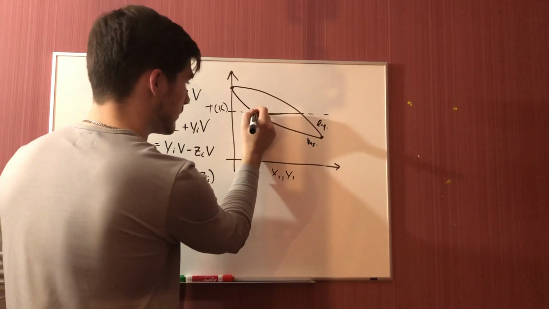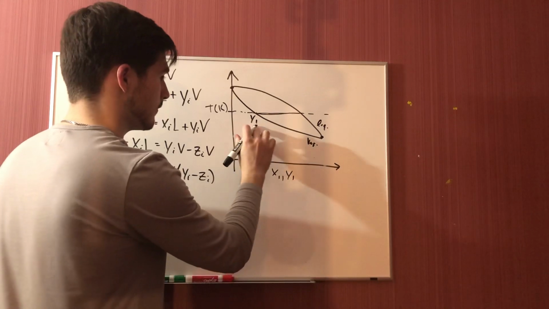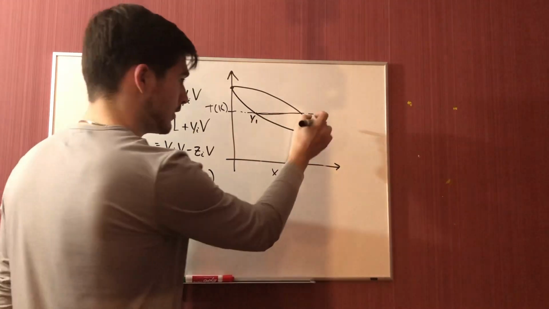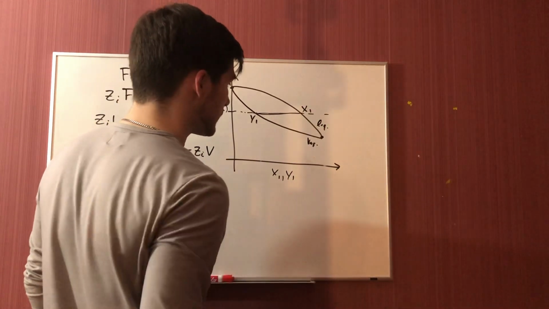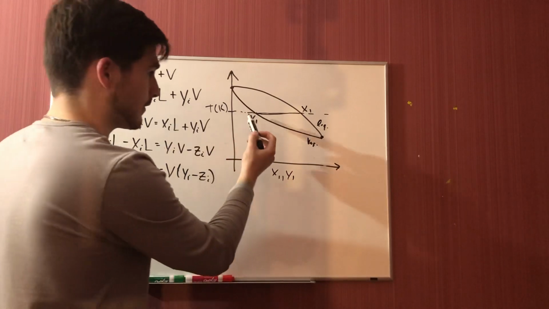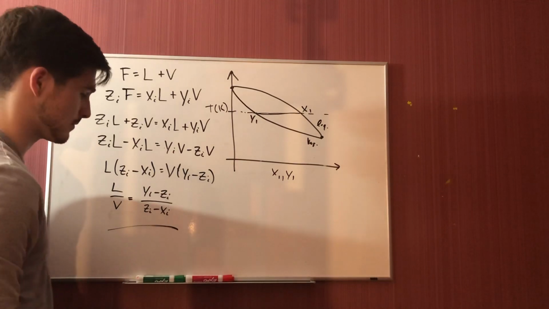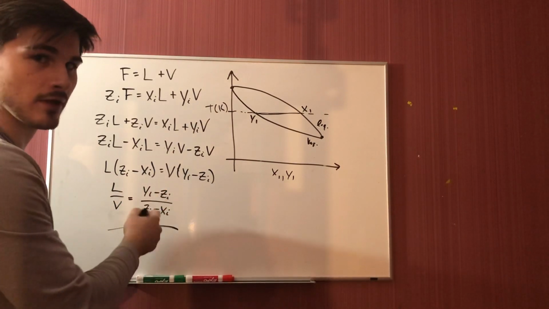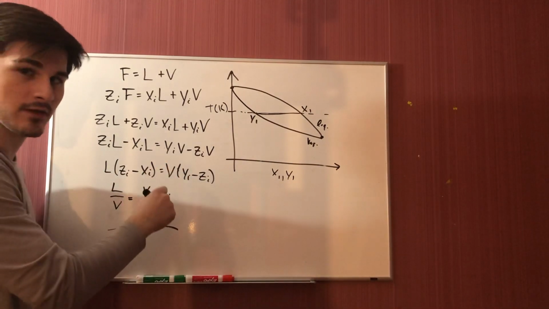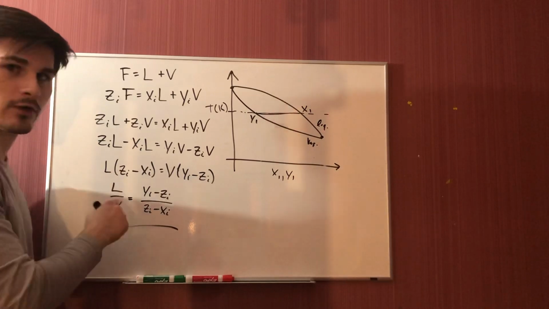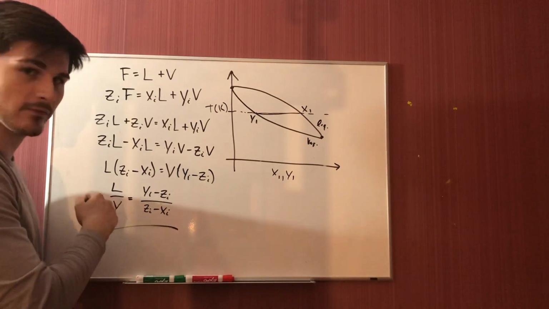Well, from here we can find the vapor curve here, so the vapor molar ratio of component I, and we know the liquid molar ratio of component I. Well, so now that we know the temperature, we can find two of the variables in our lever equation right here. And say we know the percentage of component I in the system, or component 1 in the system. Well, now we know all of the variables on this side, so we actually can just solve for a ratio of the total liquid moles in the system to the total vapor moles in the system.